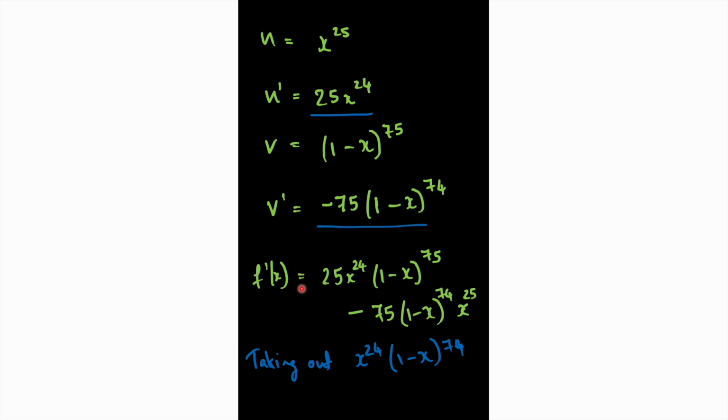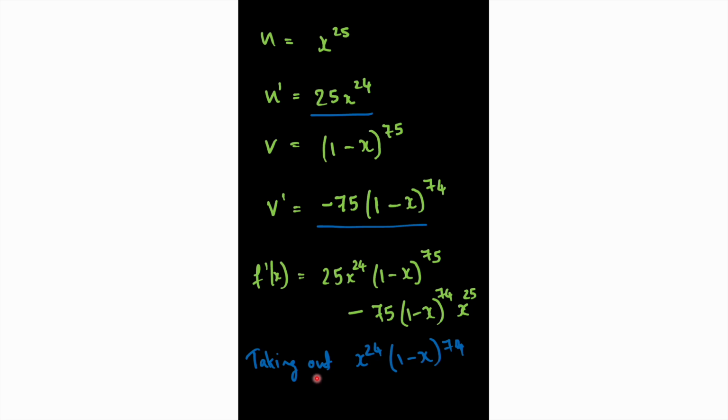So f dash x becomes u v dash plus v u dash. When we substitute u dash and v dash here, we will get 25 x raised to 24 into (1 minus x) the whole raised to 75 minus 75 into (1 minus x) the whole raised to 74 into u, which is x raised to 25.